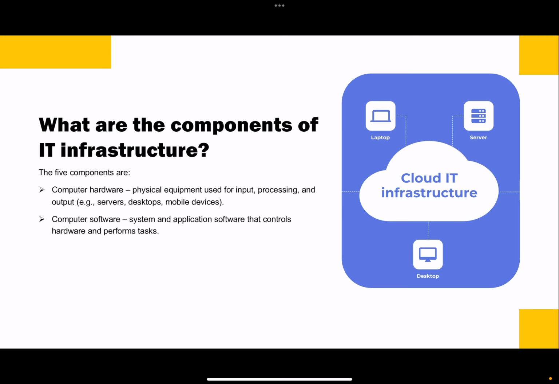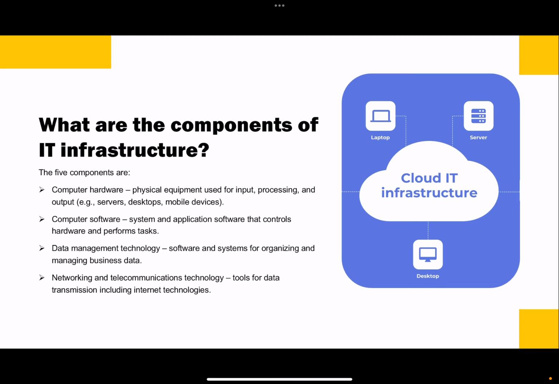Second, computer software: system and application software that controls hardware and performs tasks. Third, data management technology: software and systems for organizing and managing businesses' data.